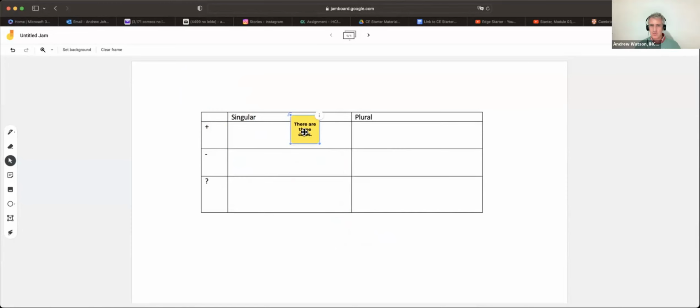Plural. Plural, right. So that can help them with the form. Doesn't take much to design. If you think the students won't be able to do this, you can move the stickies yourself. If you think they can do it, then you can share and let them move the stickies. So it depends on how good you think they are with technology.